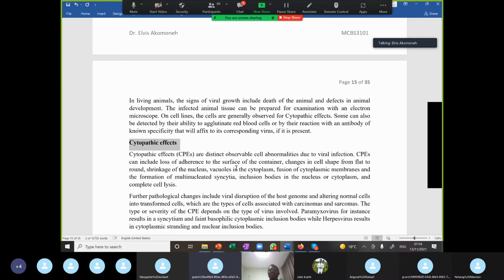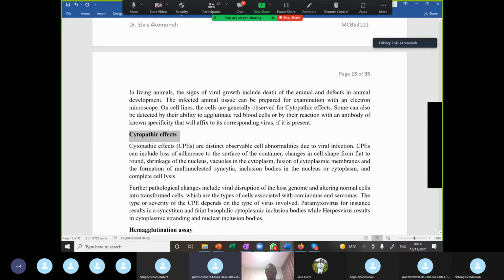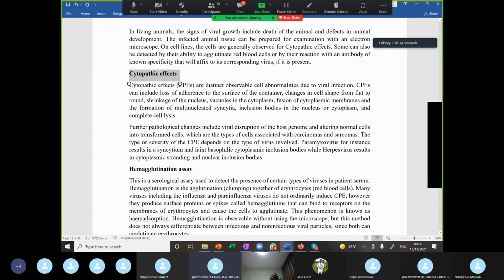We could also have inclusion bodies in the nucleus, and in worst cases, we will have complete lysis of the cell. That is for a lytic cycle. So take note of all these signs of cytopathic effects, which are indication of infectivity.